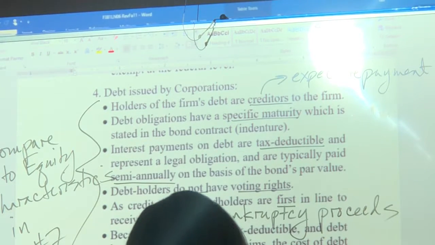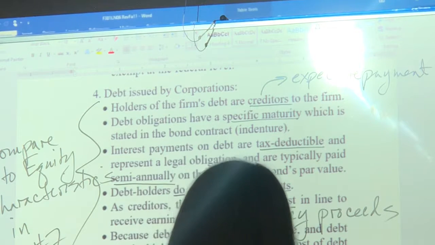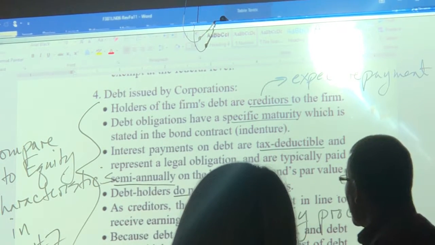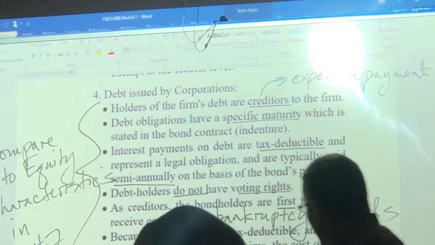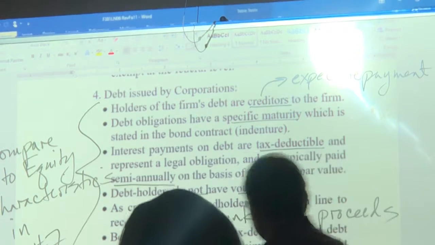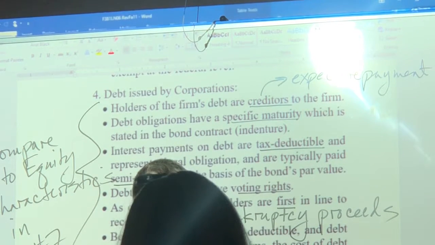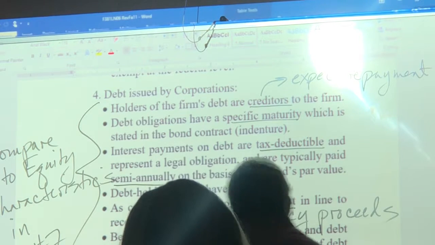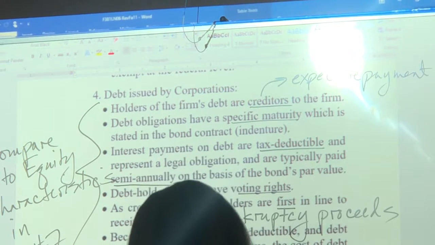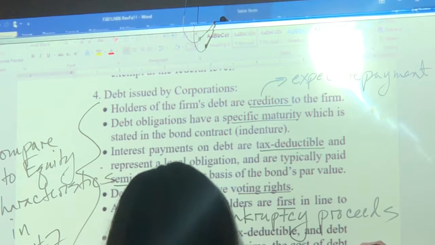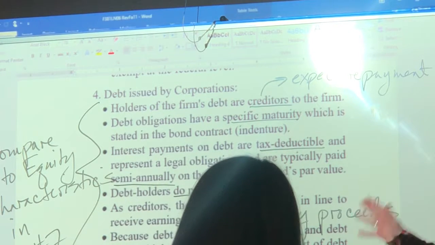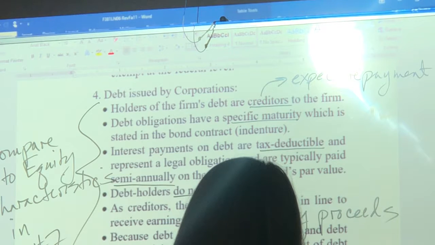And finally, because debt interest is tax deductible, debt has the highest priority of claims, the cost of debt is lowest among all forms of long-term corporate financing. What we will conclude is that because the dividends are not tax deductible, they have lowest priority of claims, the cost of common equity is the highest among all forms of corporate financing.